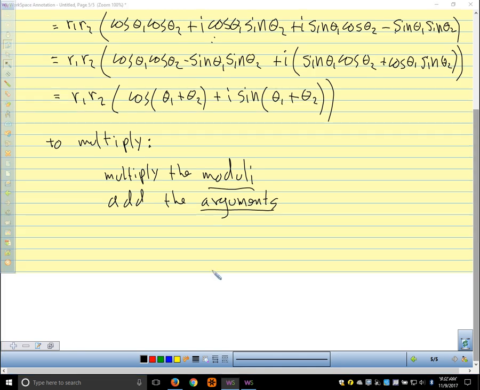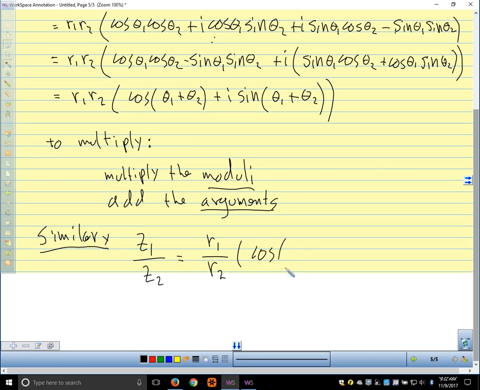I'm not going to go through the process, but I'm going to say we go through a similar process. Z1 divided by Z2 is R1 divided by R2 times the cosine of, what are you going to guess we do to the angles when we divide? Subtract. Theta 1 minus theta 2 plus i sine theta 1 minus theta 2.